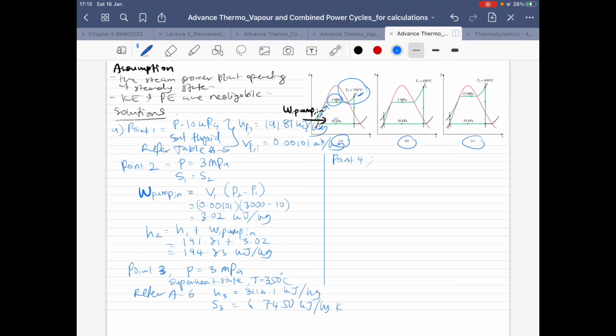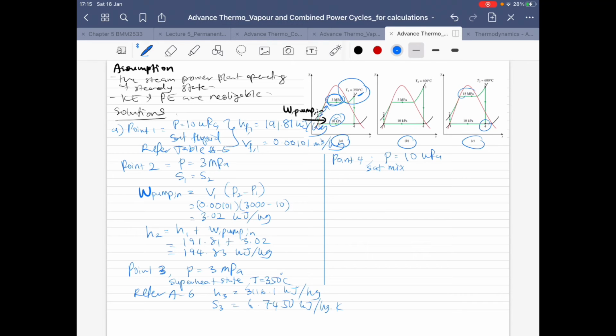Okay, how about at point 4? Point 4 dekat sini kan. So point 4 pressure nya nak pakai yang 3 megapascal ataupun 10 kilopascal. So we have to use 10 kilopascal. Okay, use 10 kilopascal, tapi state nya adalah saturated mixture, meaning dia adalah mixture of steam and water.